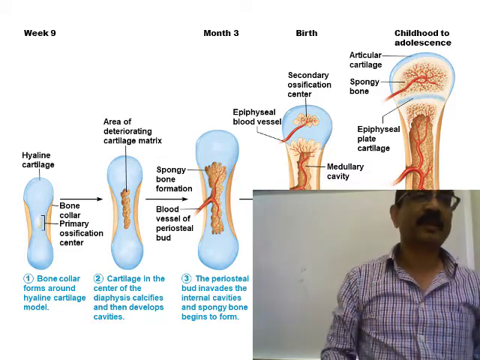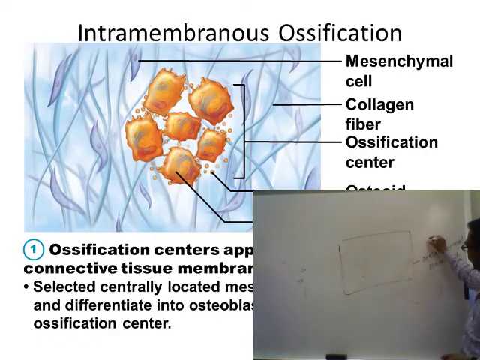Yeah, you can clearly from membrane. So let's see the membrane. This is the membrane that is called mesenchyme. Mesenchymal membrane. That means mesenchyme is embryonic tissue. So we can say embryonic mesenchymal membrane.